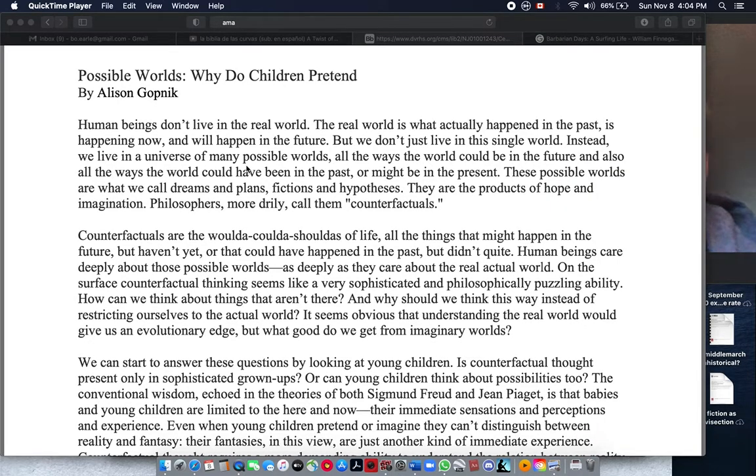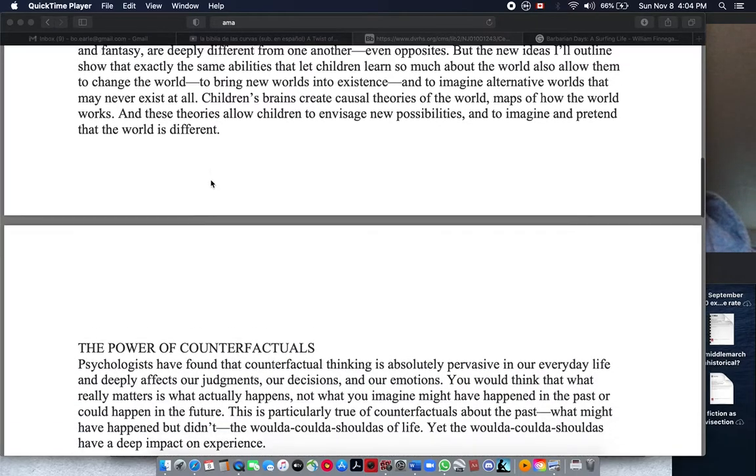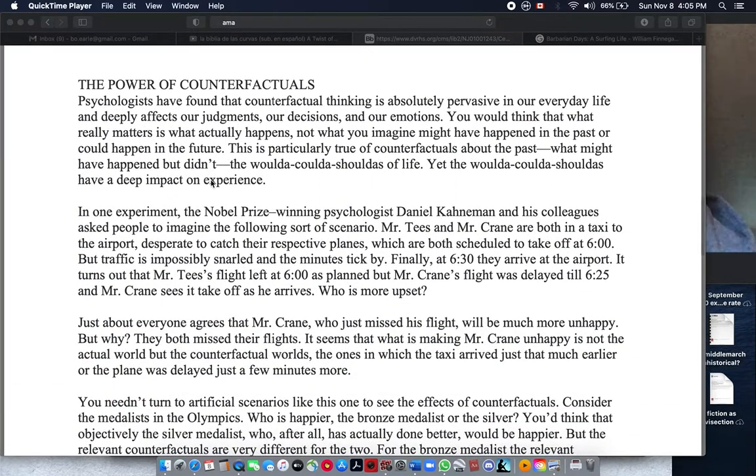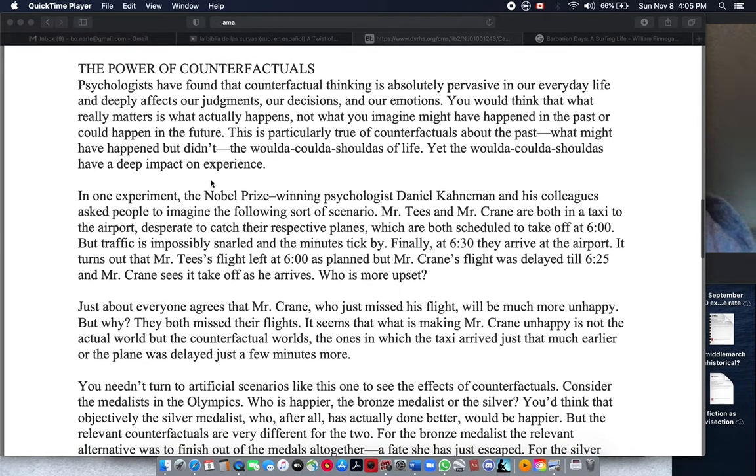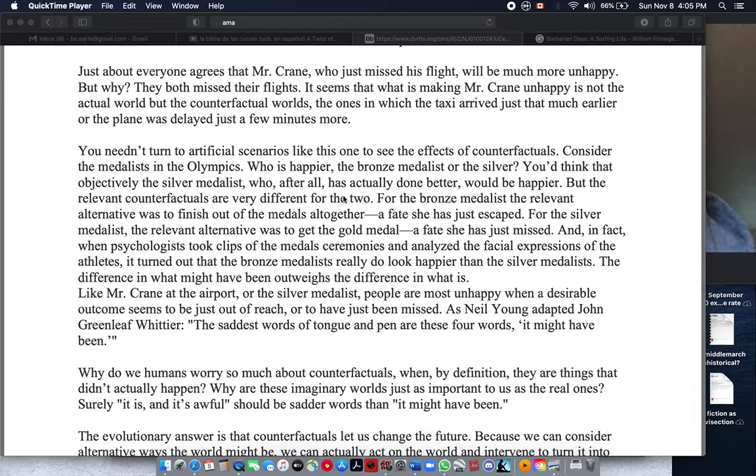Here's another example of why objective representation is misleading. This is from another book by Alison Gopnik called The Philosophical Baby. It has to do with what psychologists call counterfactuals, which is another word for imagination: what you imagine as opposed to what's factually the case.